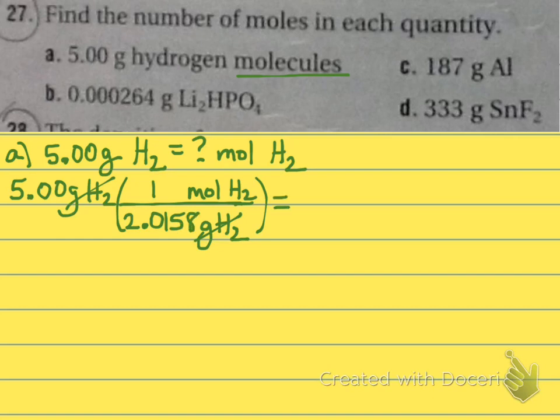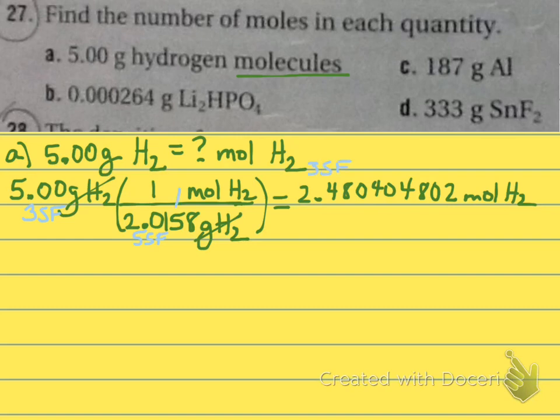Now, this time we should divide. And again, my calculator gives me 2.4804044802 moles of hydrogen. In terms of significant figures, I have 3 sig figs here, I have 5 sig figs here. So my answer can have 3 sig figs, right?